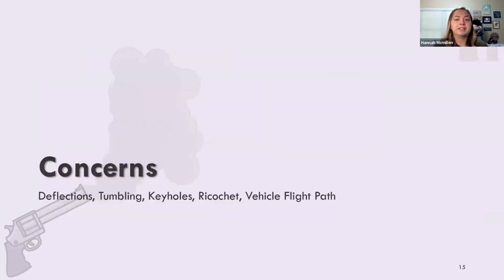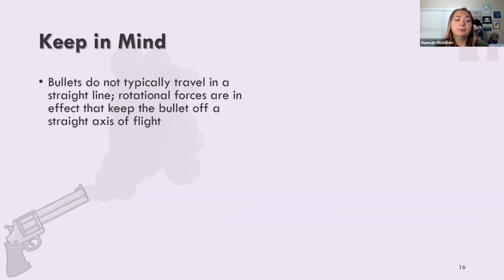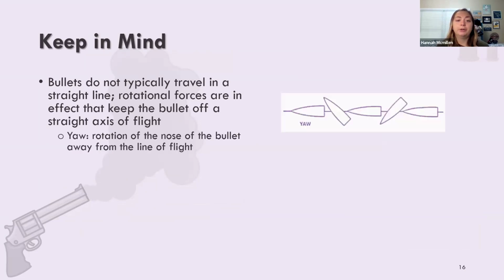So some concerns that we have to keep in mind are going to be deflections, tumbling, keyholes, ricochet, and then vehicle flight path. Bullets don't typically travel in a straight line. There are rotational forces that are always in effect that keep the bullet off a straight axis of flight. So we'll see yaw, which is the rotation of the nose of the bullet away from the line of flight, going up and down and up and down.